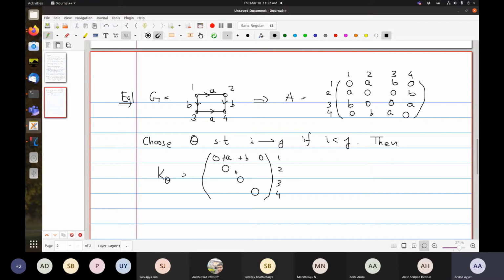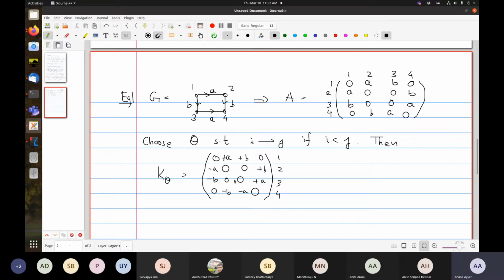There's nothing here. Nothing here. 2 to 4 is a plus b, and 3 to 4 is a plus a. So this is minus a, minus b, 0, 0, minus b, minus a.